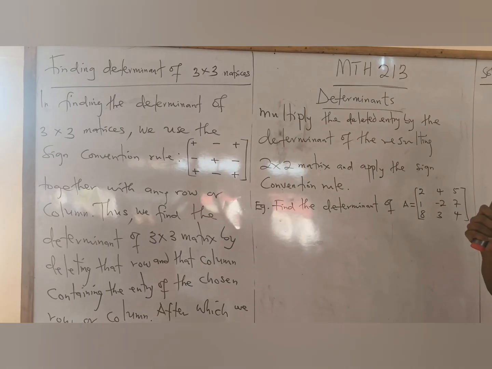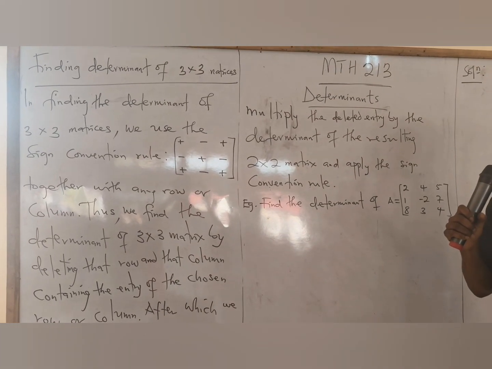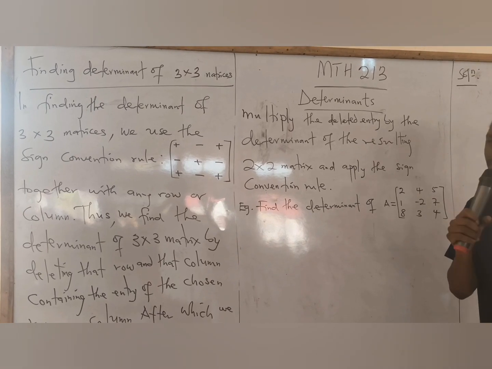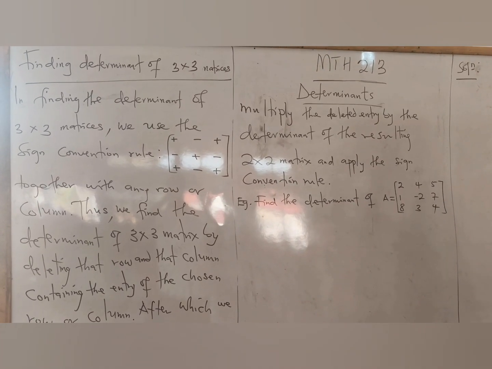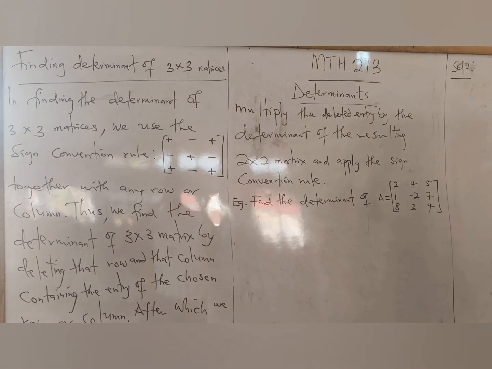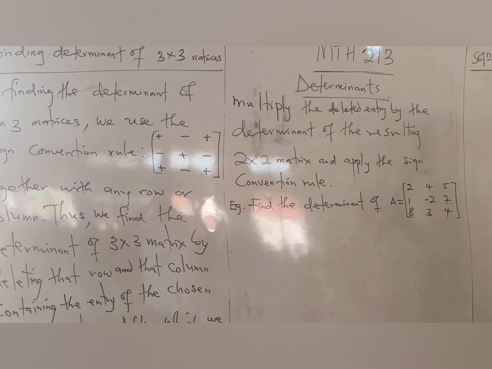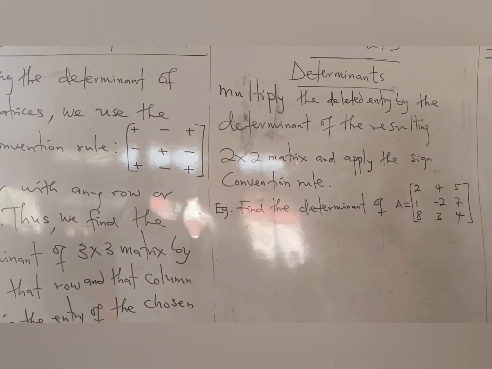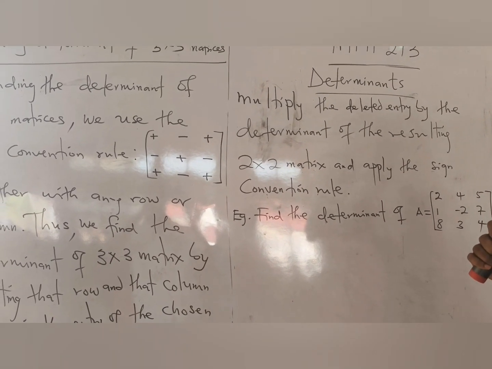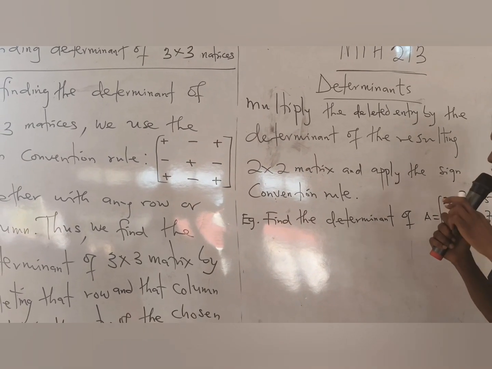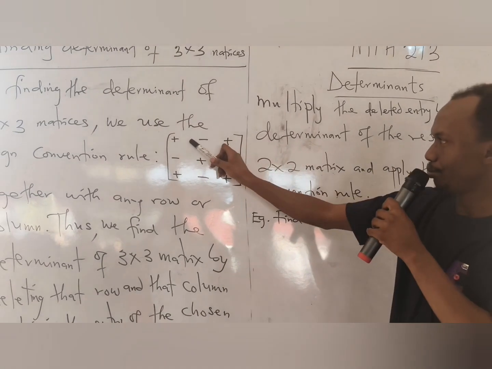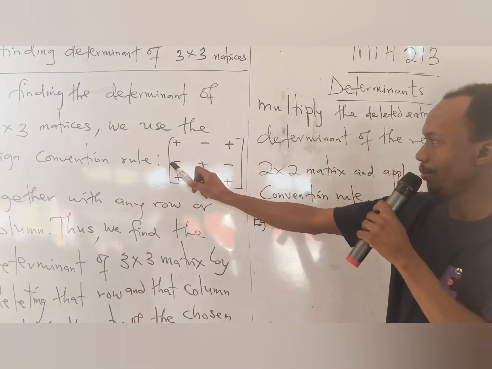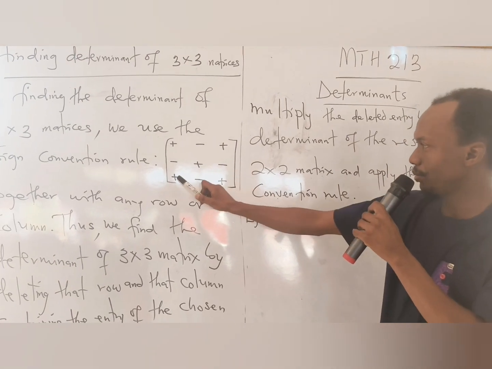Three by three matrices. In finding the determinant of 3 by 3 matrices, we use the sign convention rule. For the first entry, put a plus there. The second, on the first row, put a minus there. So you have plus, minus, plus; minus, plus, minus; plus, minus, plus.